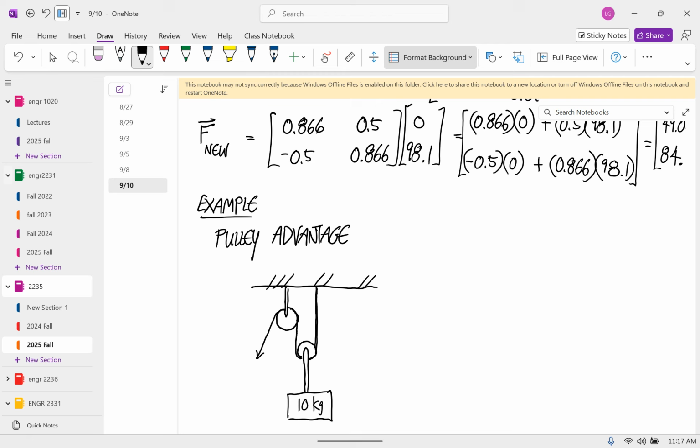And if I set this up, what we're going to calculate is this force T. Okay? And that force T can go at any angle if that's a rigid support, but you could think of it as going down.